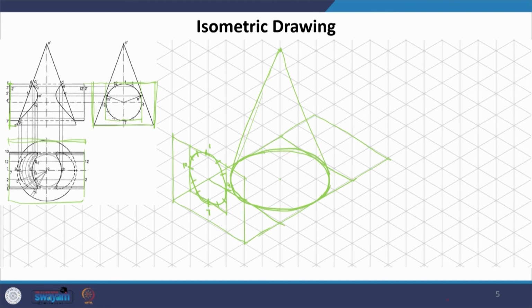Now, we have this drawing in place, we have this circle in place, we have the cone in place. Now, what we have to do is look at it from the top and identify what these distances are. So, what we have is 1, 2, this is the point 1.